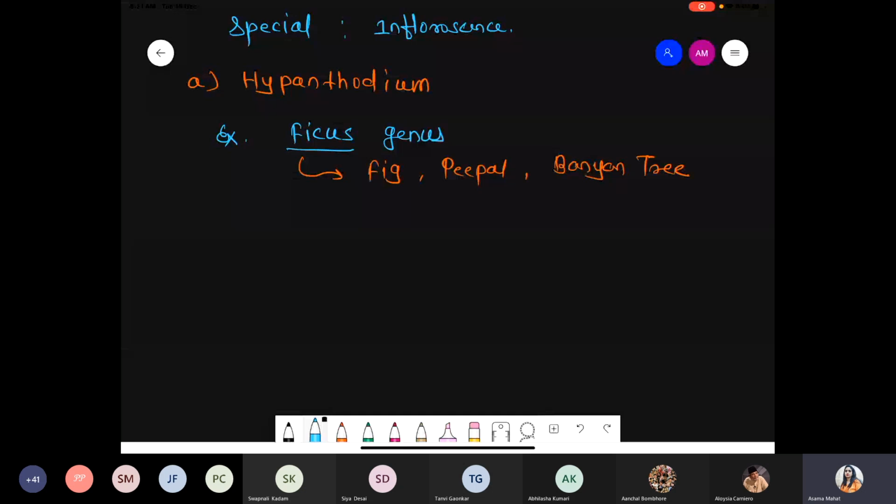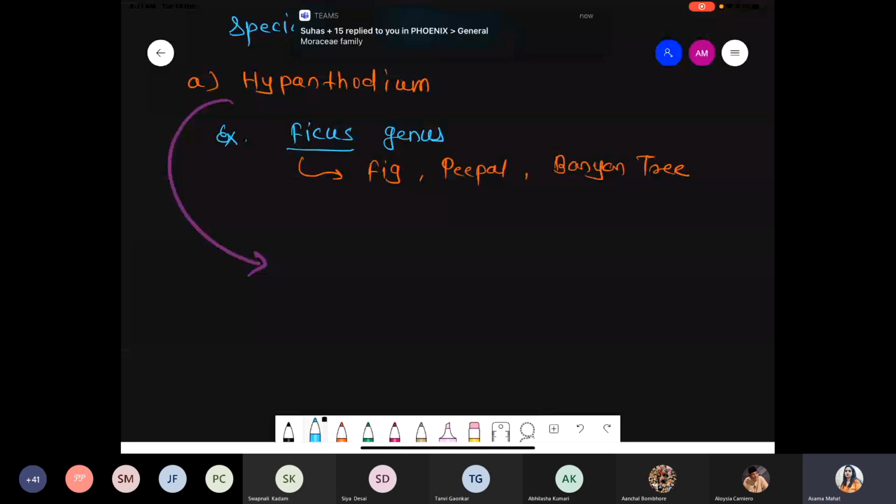So in case of hypanthodium, a special condition is present. Three types of flowers are present. Within a single inflorescence, three different types of flowers are present.